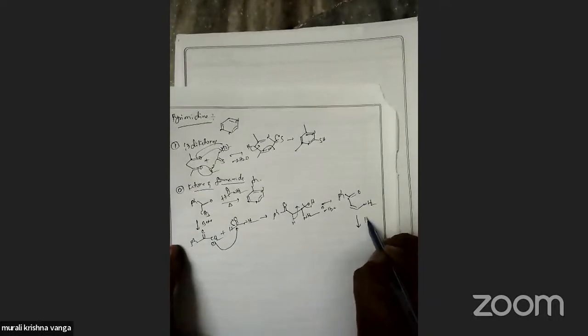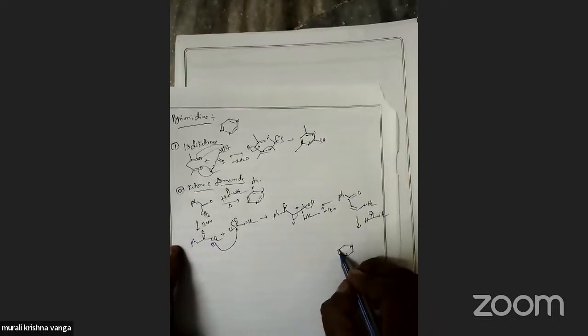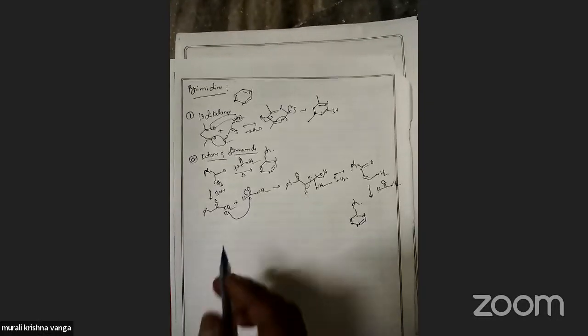Reacting again with another mole of formamide produces pyrimidine as the product. Next, 1,3-diketones.